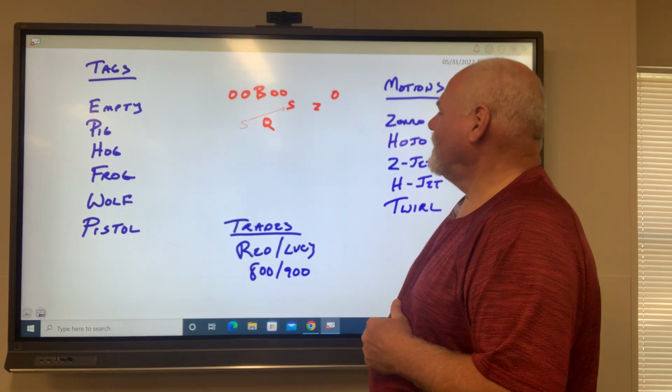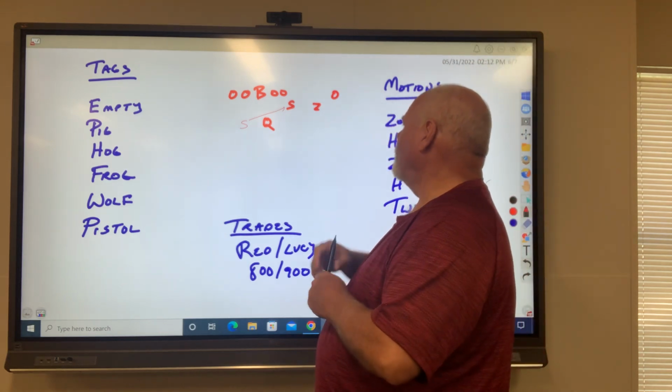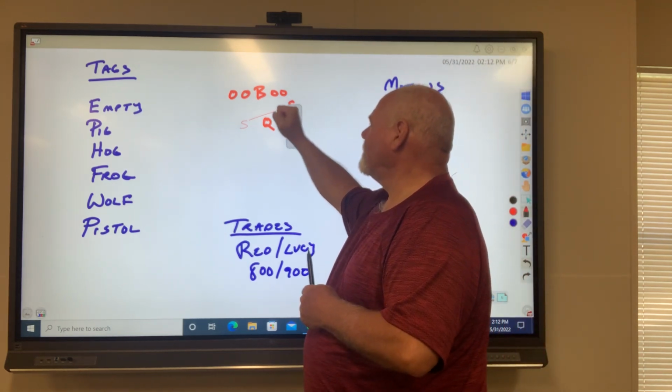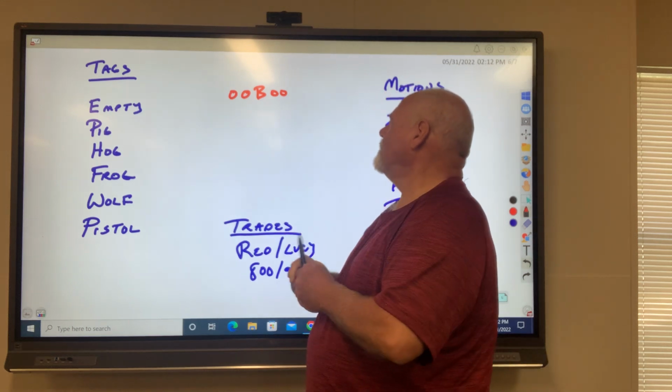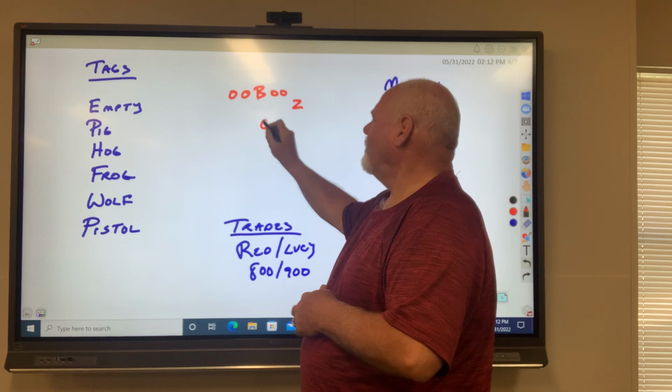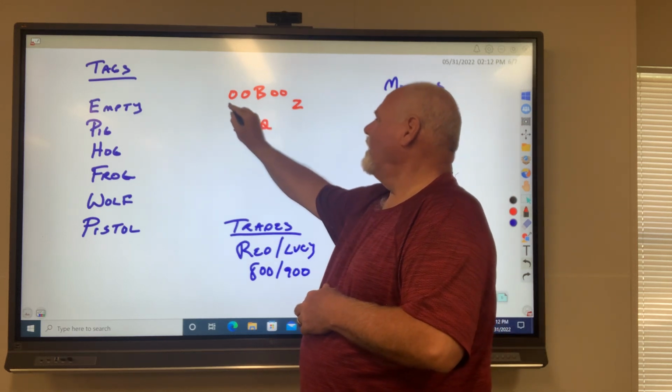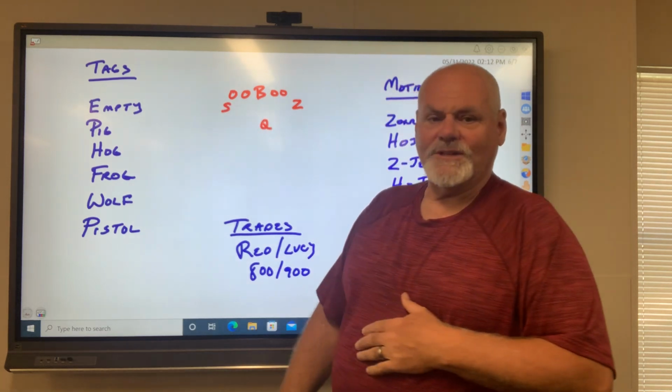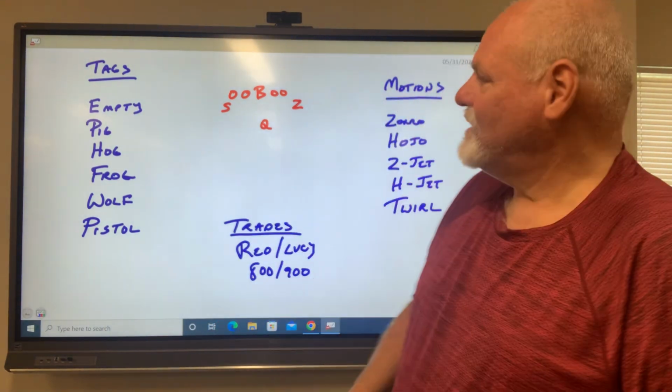That's the empty set. If we have it where the Z is attached, and we have empty, then the running back will go to the opposite side. Okay, so that is empty.